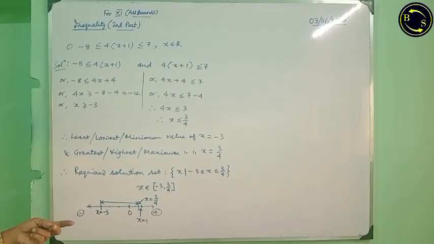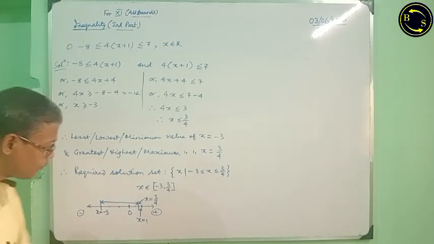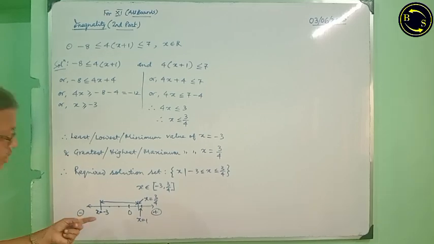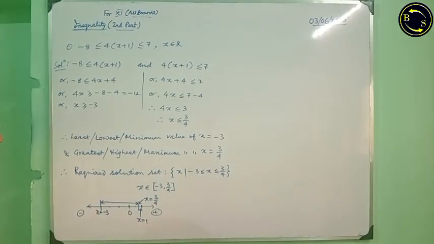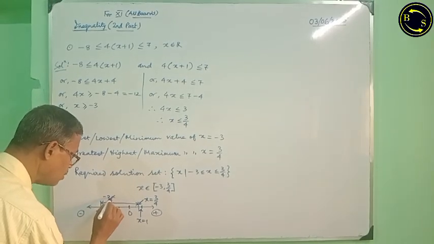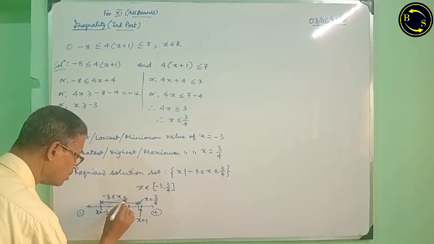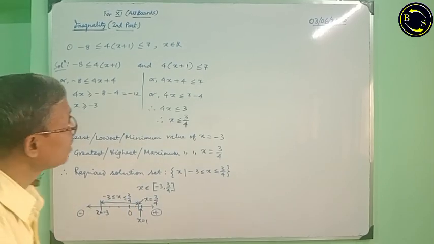As x can take the values minus 3 and 3 by 4 and values within minus 3 and 3 by 4, it is represented by this. And also we write here minus 3 less than equal to x less than equal to 3 by 4. Hence the sum is solved.